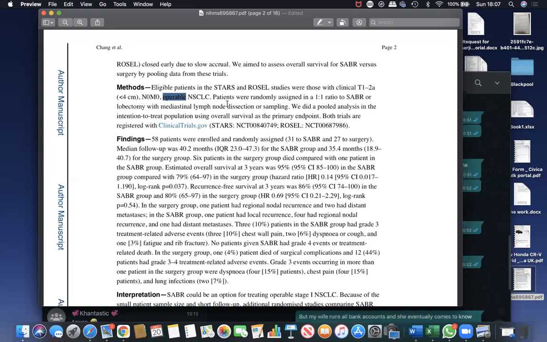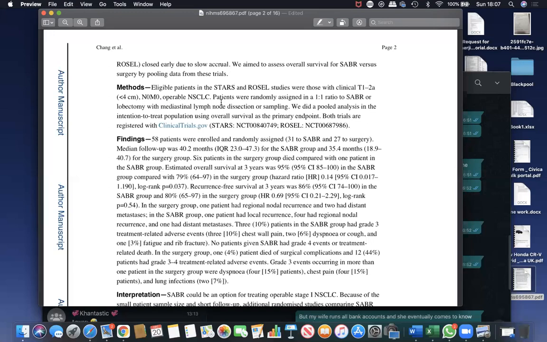They have just mentioned eligible patients, but who they are, we don't know, sir. So the inclusion criteria are not complete in this. Yes, sir. What else?